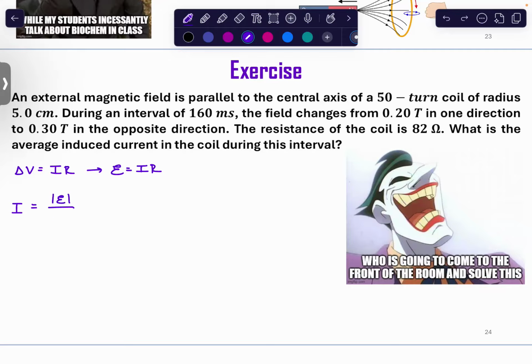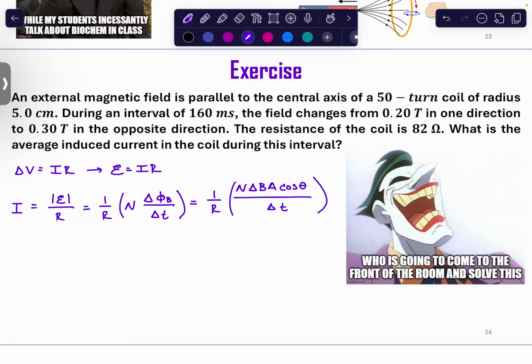Oh, not over I, over R. There we go. 1 over R. So we're at least starting here. So then we have to think about the change in the magnetic flux.